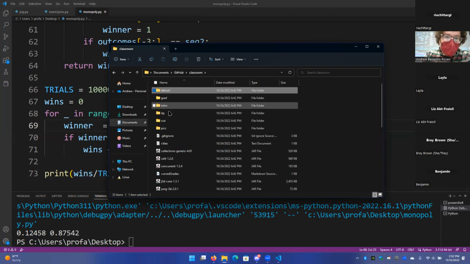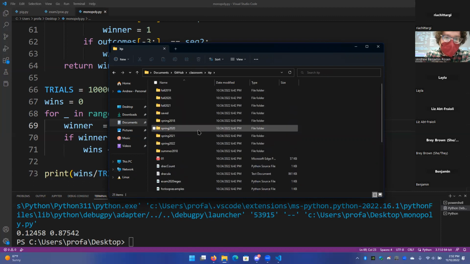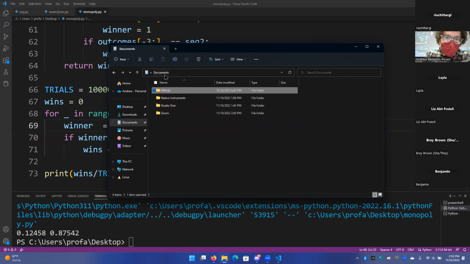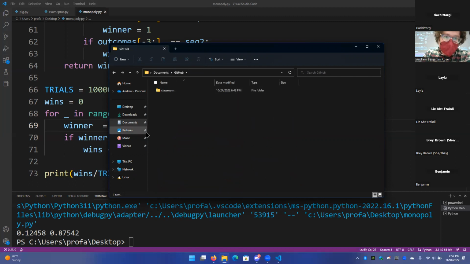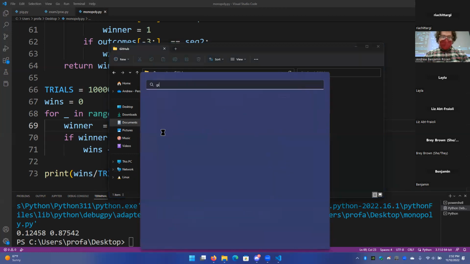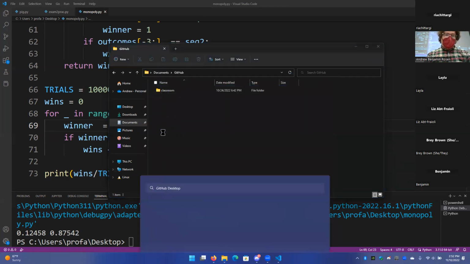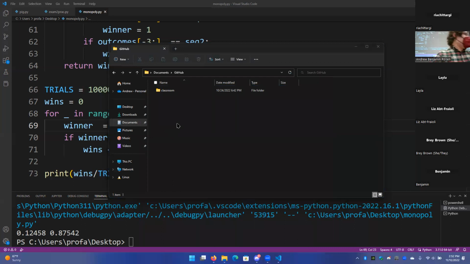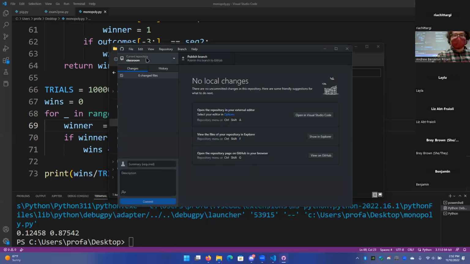Okay, classroom, ITP. Oh, no, I don't have it here. Interesting. Again, I use GitHub. If you haven't figured it out, I use GitHub for pretty much everything.